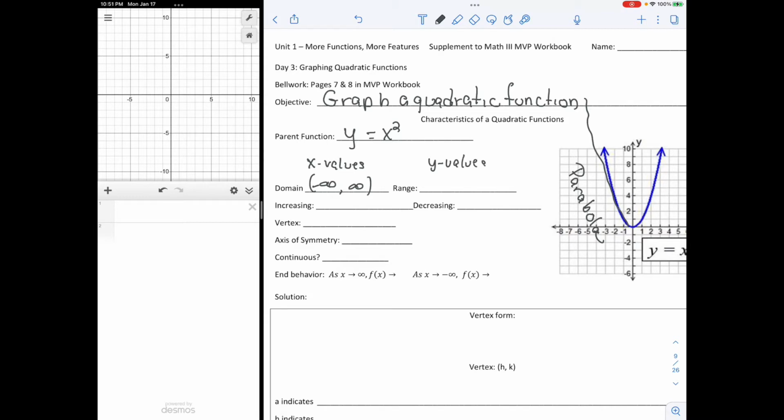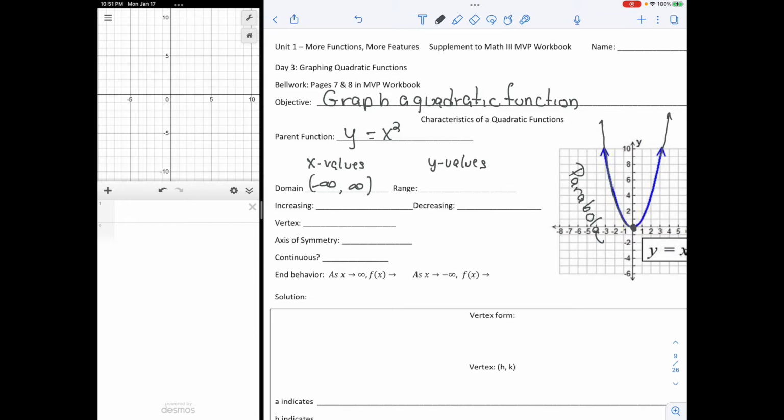Now, if you're looking at the parabola that is already sketched here, can you tell me what is the lowest y value? The lowest y value here is 0. It doesn't go into the negative. 0 is the lowest y value that it goes, and then it goes on and on forever. It goes up to infinity. It keeps going and going and going.